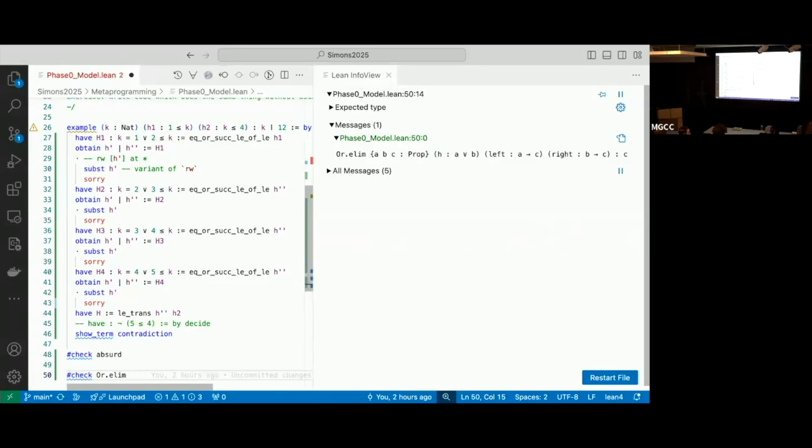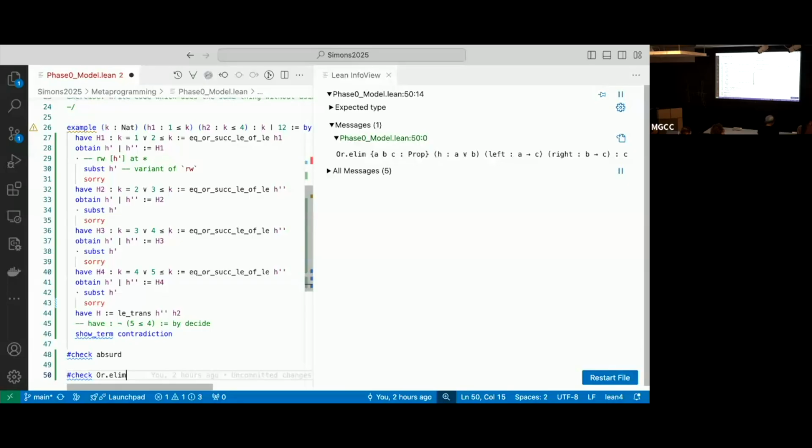Secondly, a proof of this fact given that k is 4. So a proof that if k equals 4, then k divides 12. And thirdly, a proof that if k is at least 5, then k divides 12.